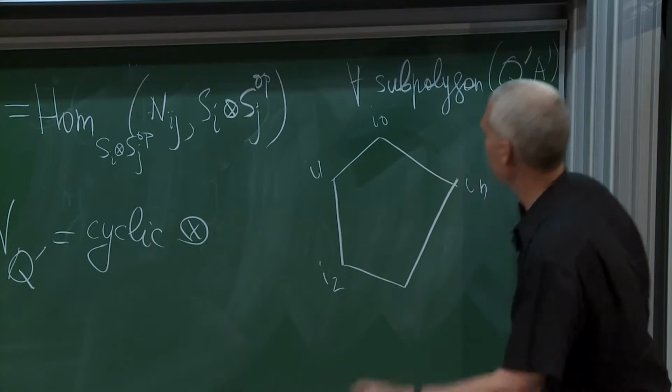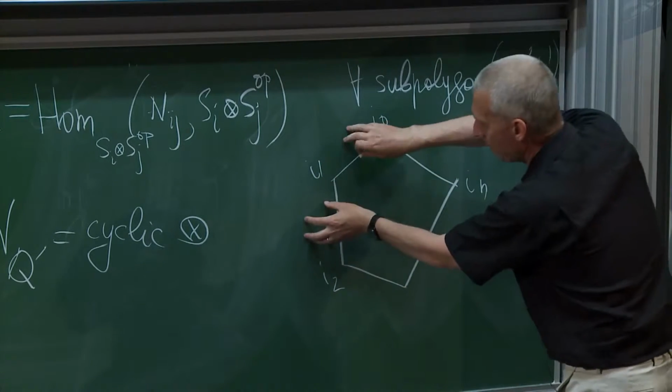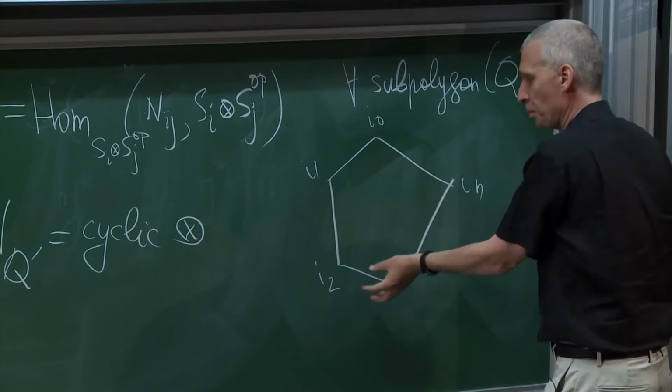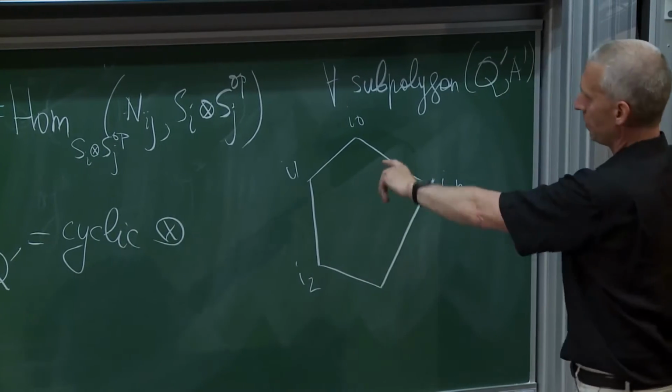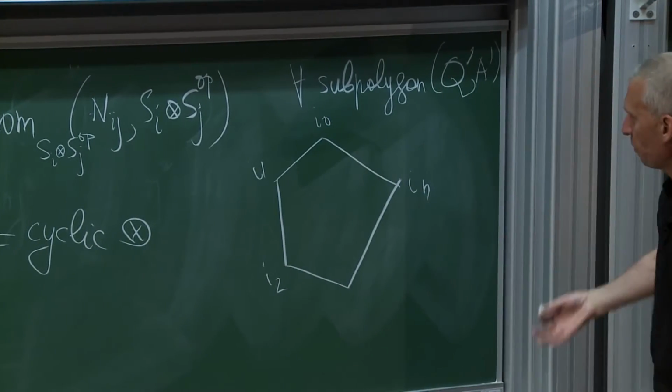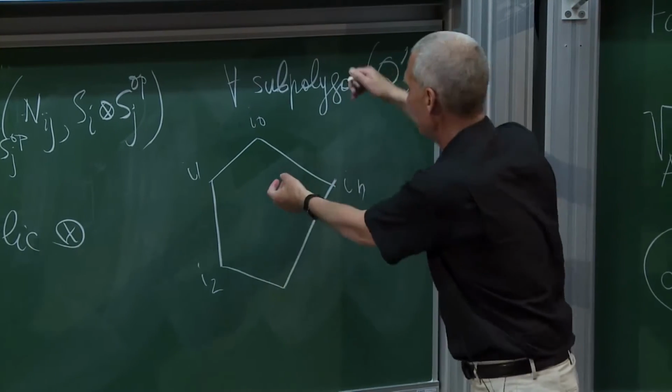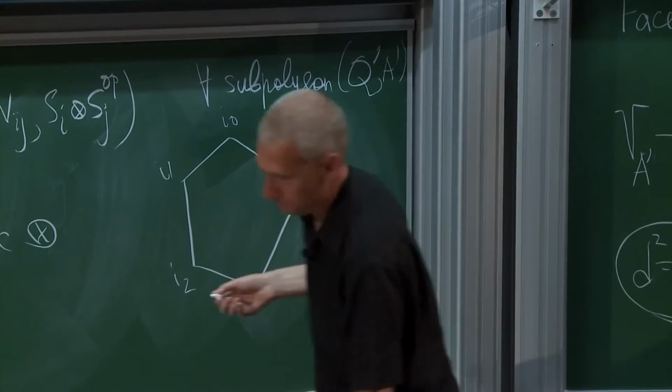So we tensor multiply this bimodule with this bimodule over this ring, and this bimodule with this bimodule over this ring, and we can go all the way together, so they're holding hands together, and the result would be just a vector space.